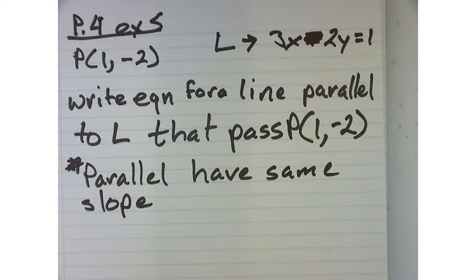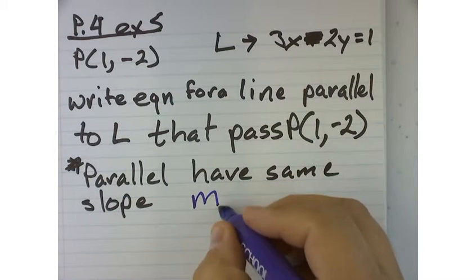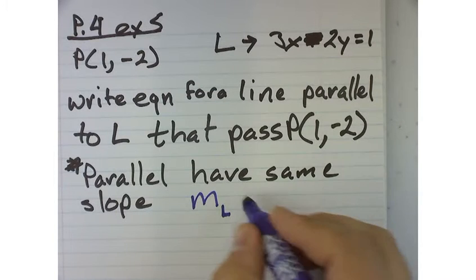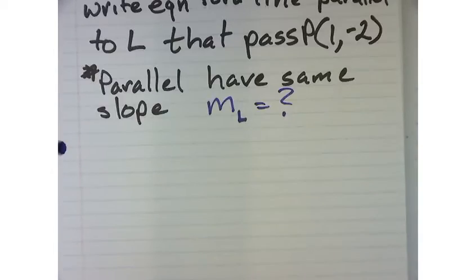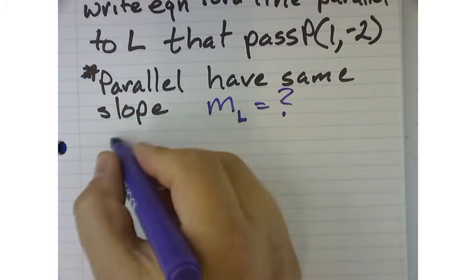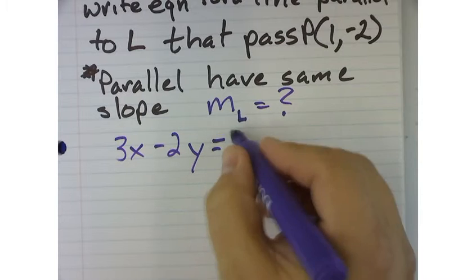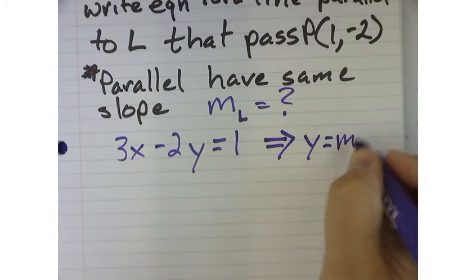So what I'm going to do is we need to find the slope of L. So I'm going to say M sub L. We need to find that slope. Alright? And so to do that, I'm going to take this equation, which is 3x minus 2y equals 1, and I want to make that look like y equals mx plus b.